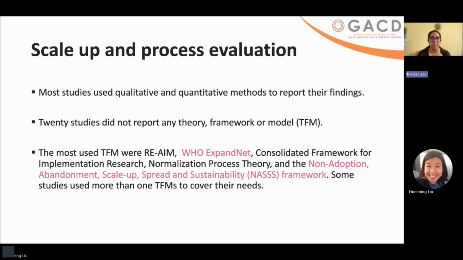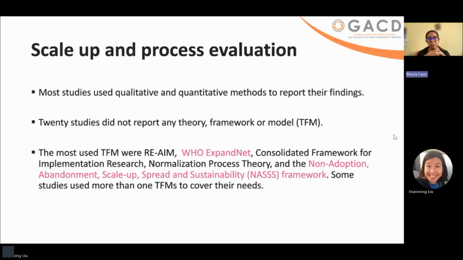Those studies that most used TFMs were RE-AIM, the expanded Consolidated Framework for Implementation Research, the Normalization Process Theory, and the Non-adoption, Abandonment, Scale-up, Spread and Sustainability framework, or NASSS framework. And some studies use more than one TFM to cover their needs.